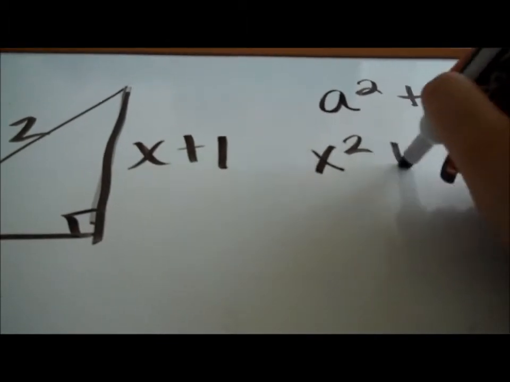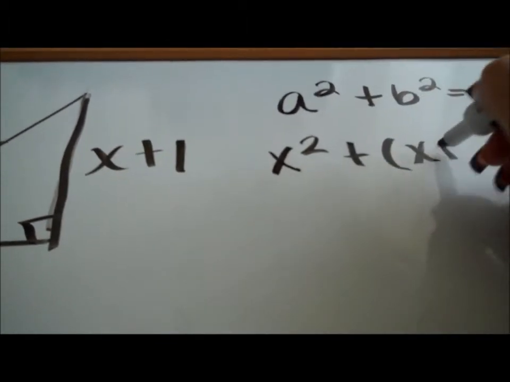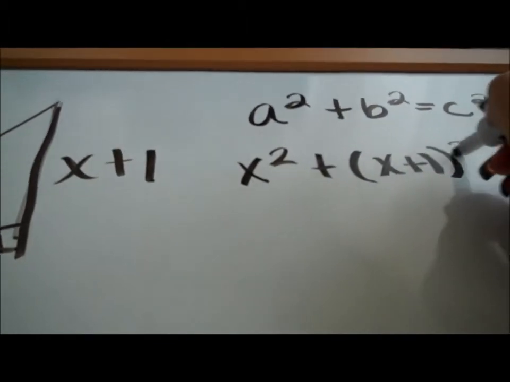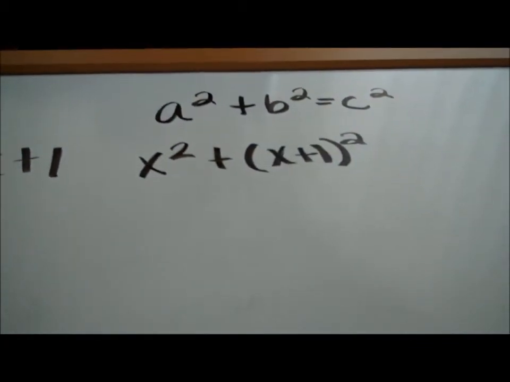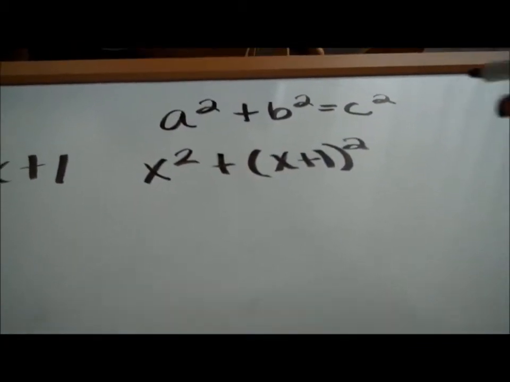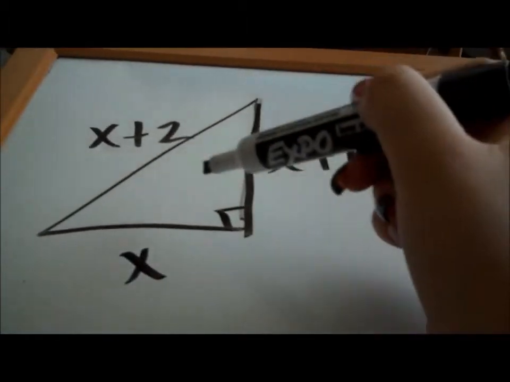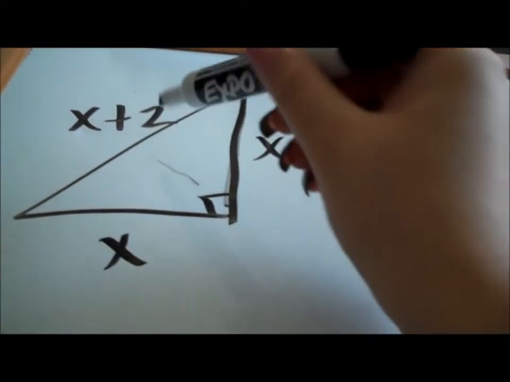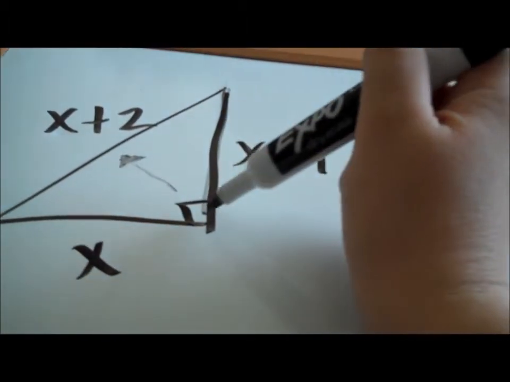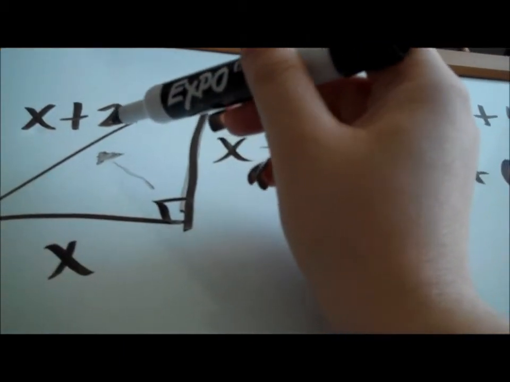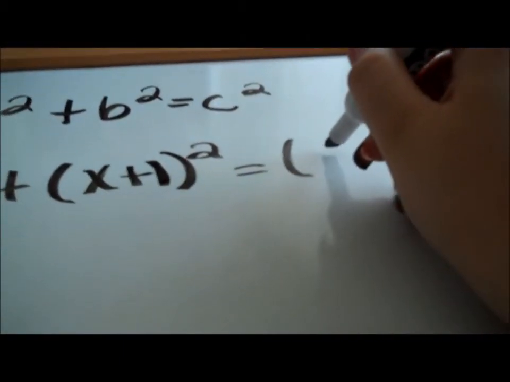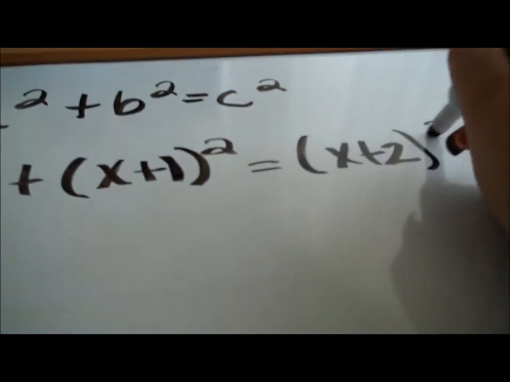So I'm going to substitute this here as x plus 1 and then square it. So again, putting it into parentheses. C is our hypotenuse. Remember, it's always the side opposite the right angle. So it's opposite right here. So this is our C. Using parentheses, I'm going to do x plus 2 squared.